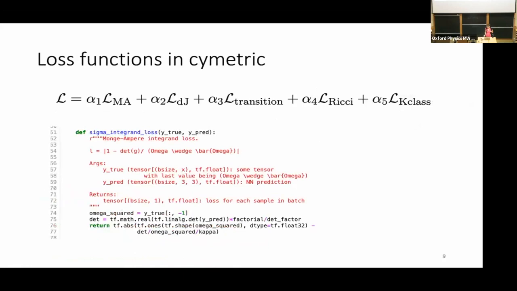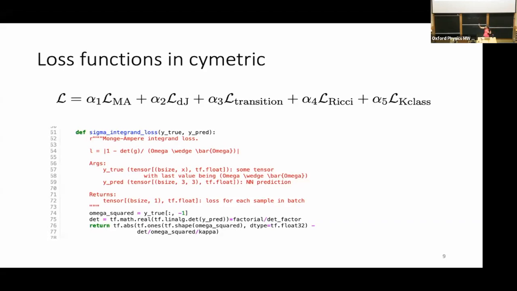When you're setting up the network, and as you will see in the tutorial, you will have to choose these constants here, alpha. So how much weight you give to the various losses during training. If you set this vector of numbers to be 1, 0, 0, 0, 0, then you will only train with the Monge-Ampère loss, and you will forget about all the other ones.